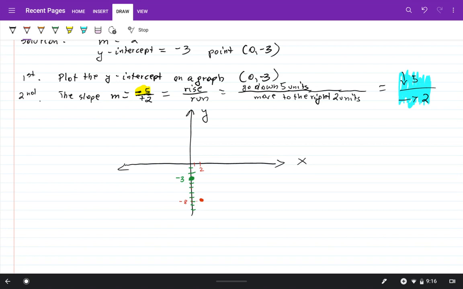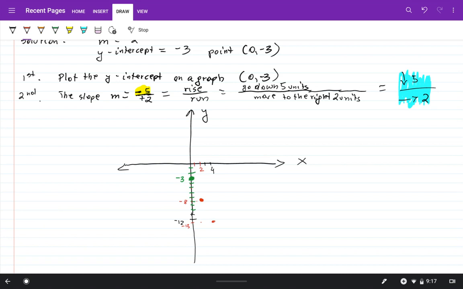And you can repeat that, okay? You can go 5 units down, 2 to the right. So let me extend this graph. 1, 2, 3, 4, 5. So -8, -9, -10, -11, that will be -12. So I'm going 5 units down and 2 to the right. So I continue this process. 5 units down. 1, 2, 3, 4, 5. It's actually -13 here. So 5 units down right here and 2 to the right.